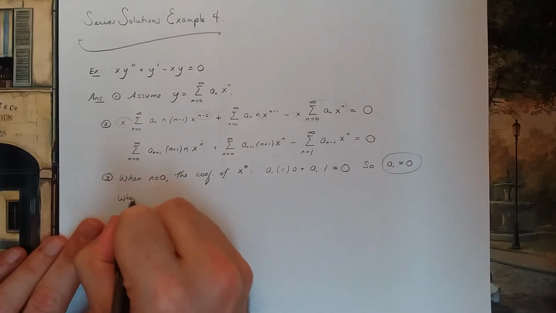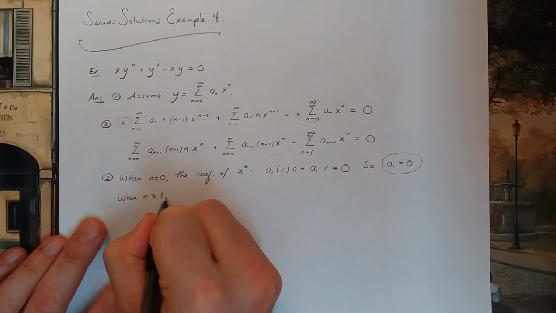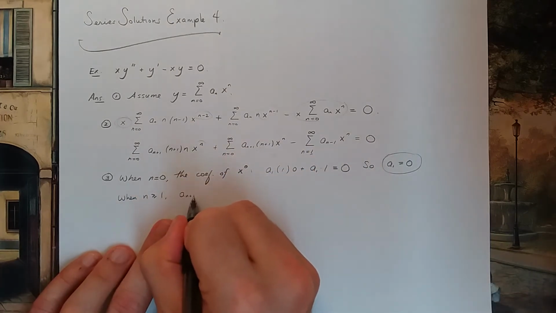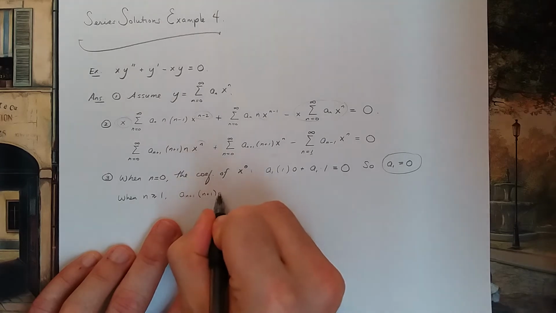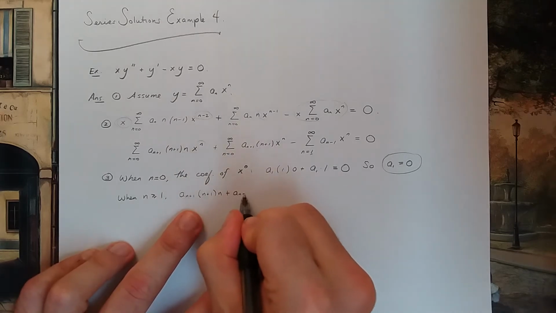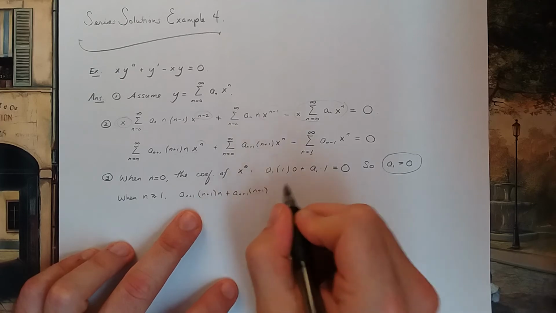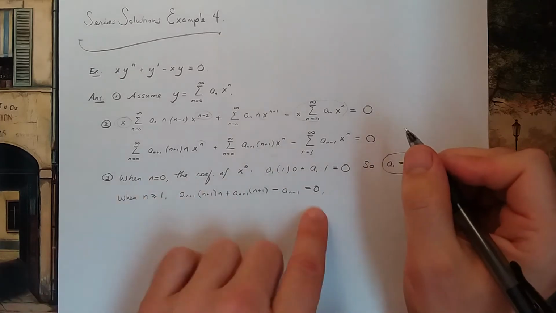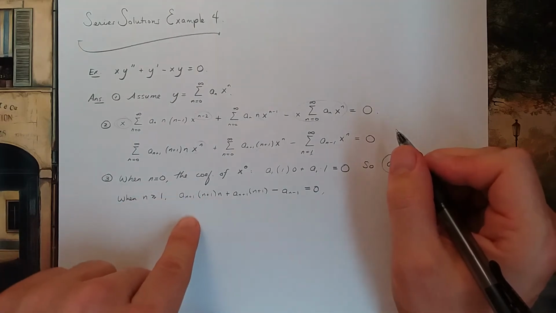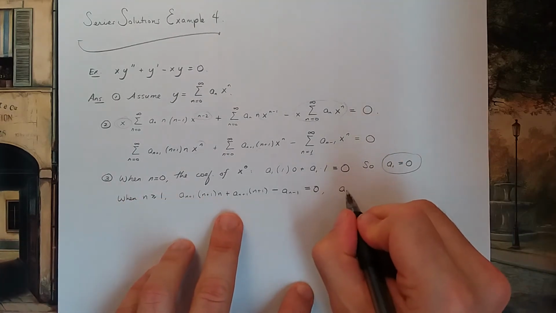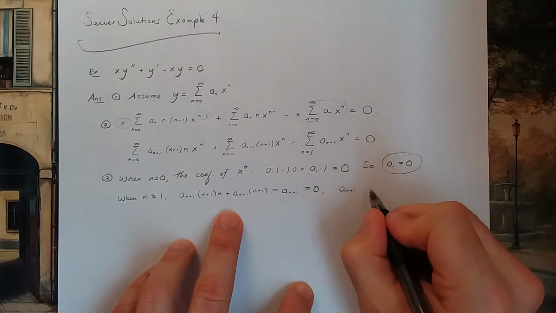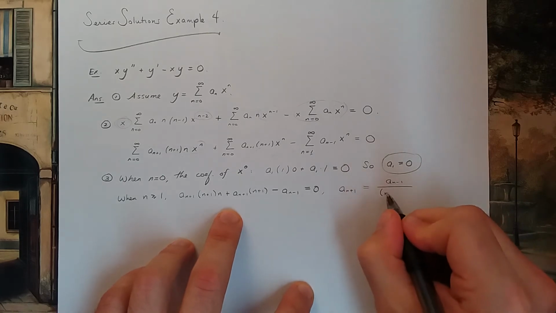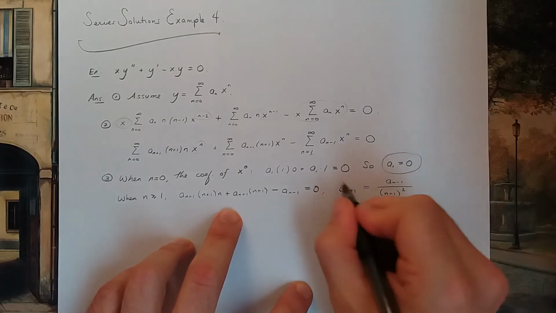Now, when n is bigger than or equal to 1, all three terms kick in. I have a_(n+1) (n+1) n plus a_(n+1) (n+1) minus a_(n-1) is equal to 0. I can solve this, and it turns out that a_(n+1) is none other than a_(n-1) over (n+1) squared.